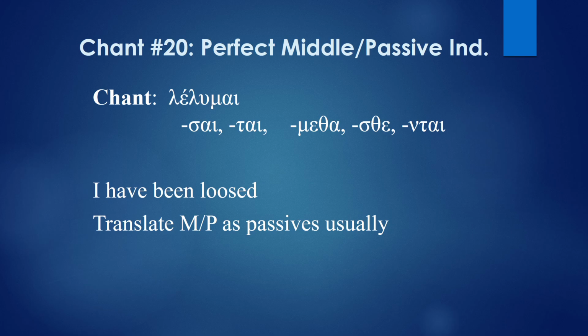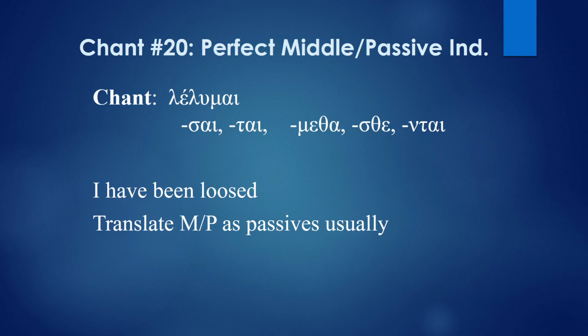Metha is the first person plural ending, we have been loosed. Esthe is the second person plural ending, you or you all have been loosed. Entai is the third person plural ending, they have been loosed.